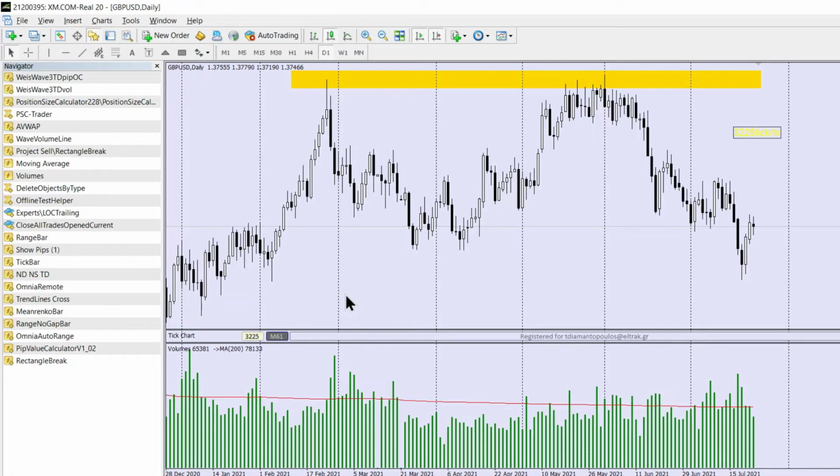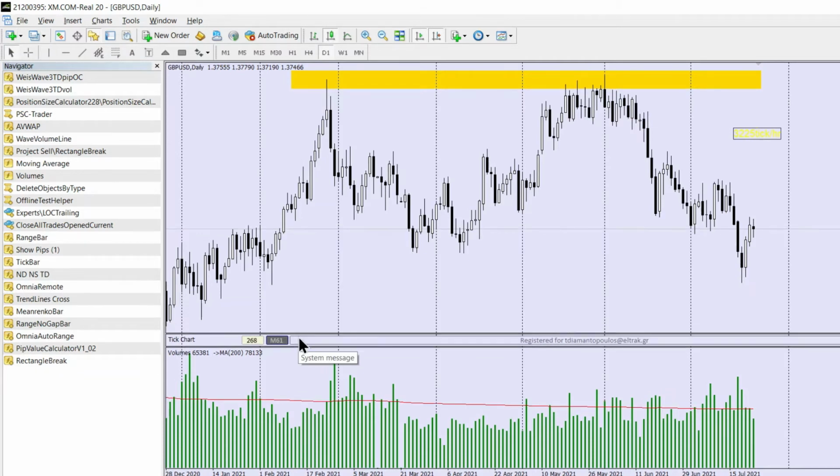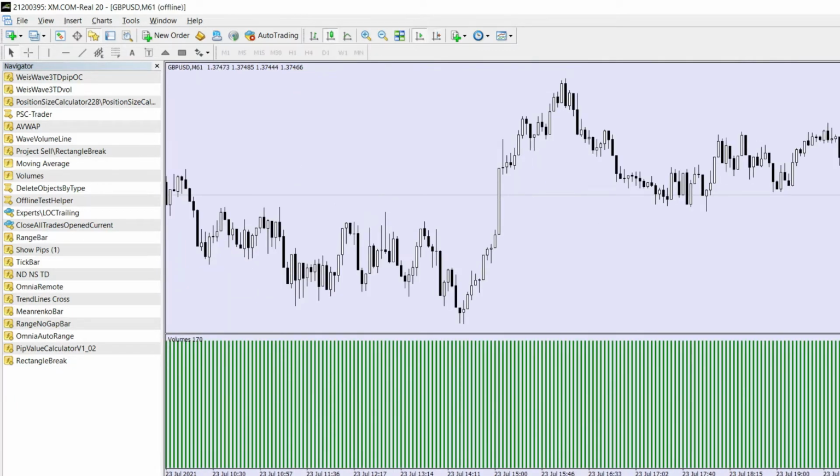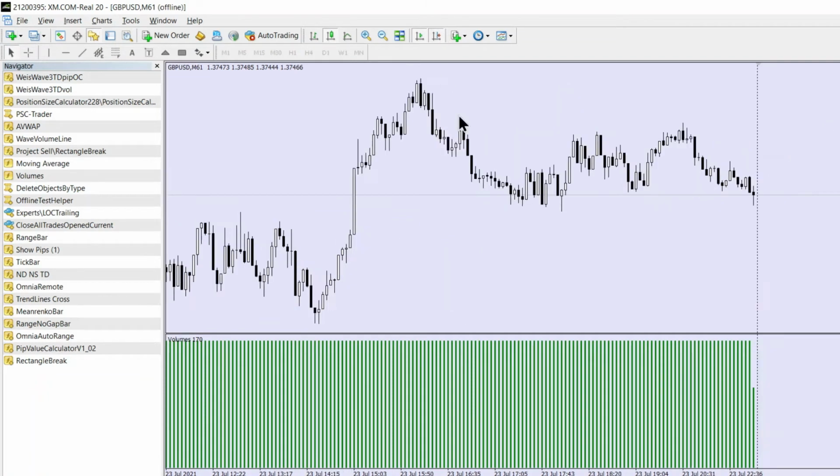We have here 3,225 divided by 12. We need 268 ticks in order to get a 5-minute chart. Let's make it. Okay, so I'll press M61 again. And here we got a 5-minute chart now. All right, and you can see here it says 268.